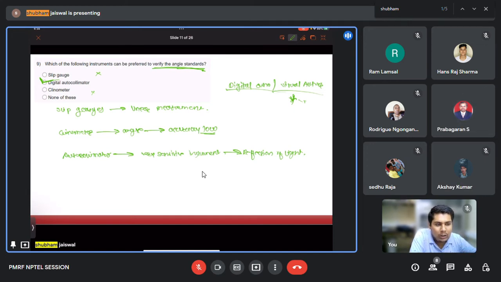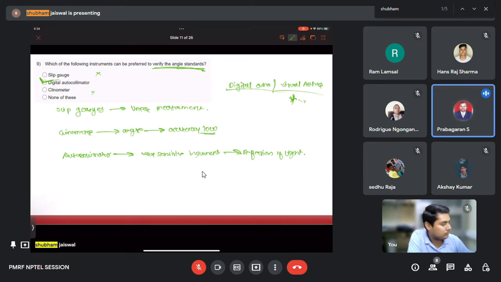So there is a chance of some divergence in the beams of that autocollimator compared to the laser one, as per what I know. But I will definitely look into it. Yes, sir, please. I appreciate getting the answers. Thank you.